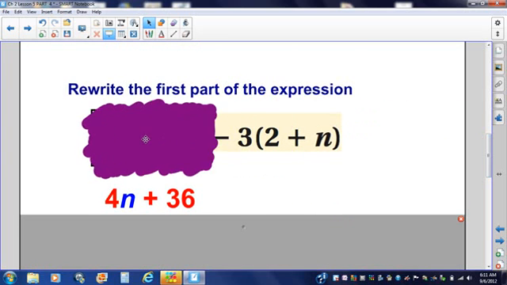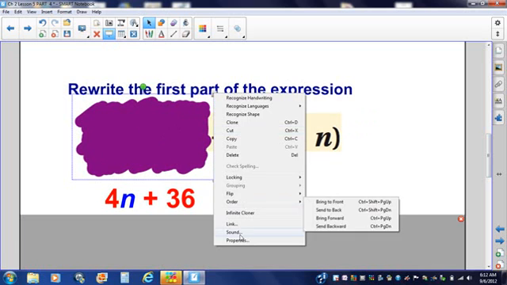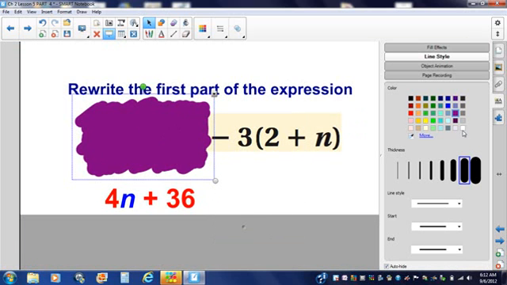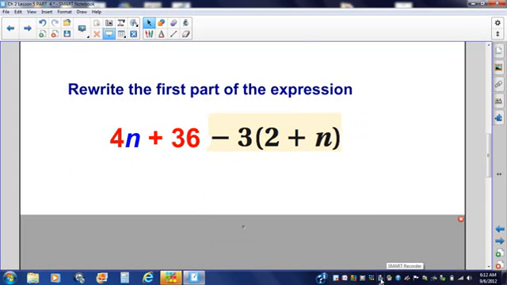So, on your paper, we are going to rewrite this. So now you should have the expression 4n + 36 - 3(2 + n) written on your paper.